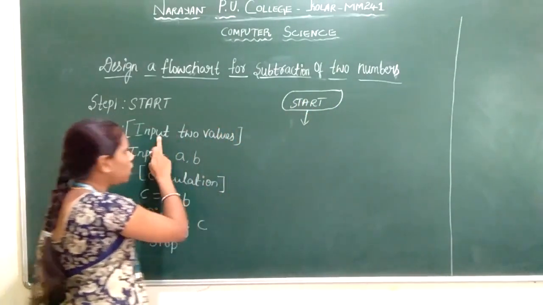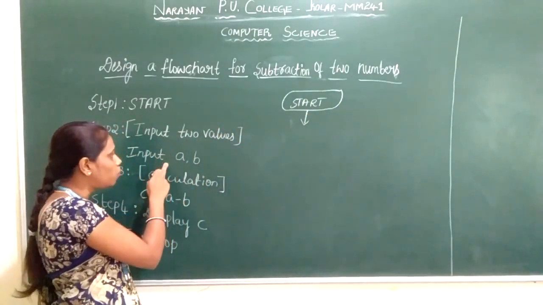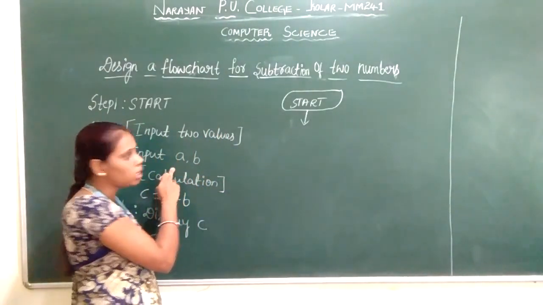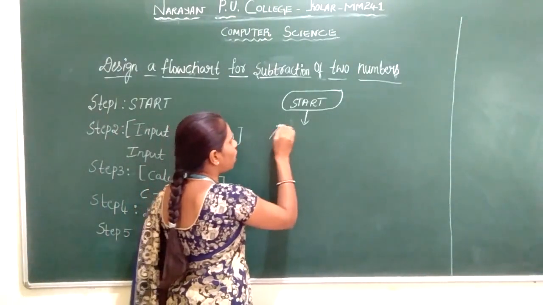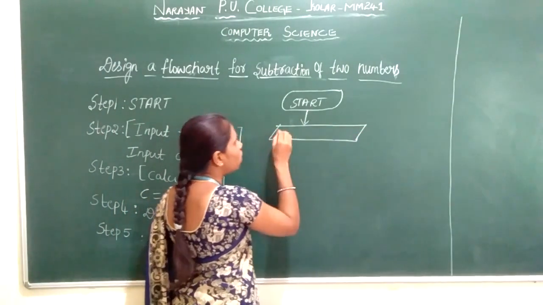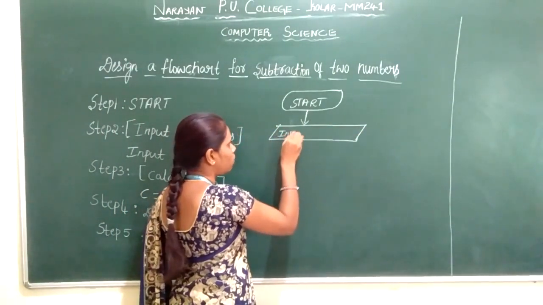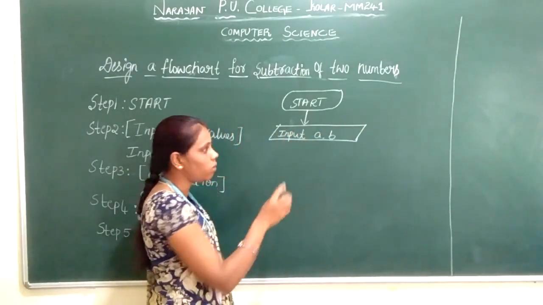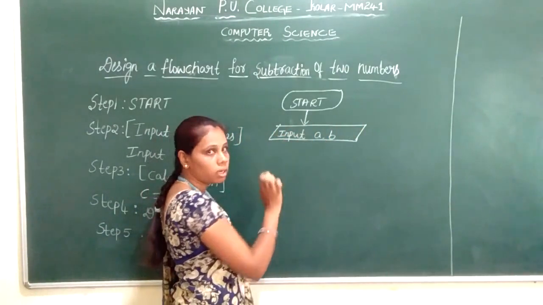Next we have input. We are using a parallelogram symbol for representing the input. What we are inputting? We are inputting A and B.